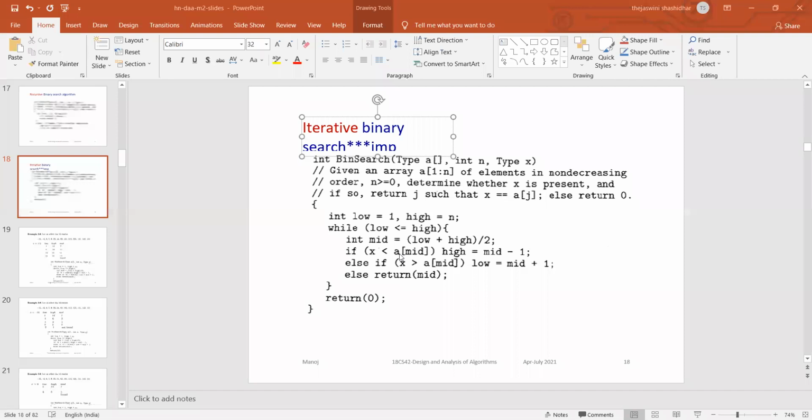Keep in your mind, if there are 10 elements, the first element will be pointed to by low and the last element by high. So kindly answer: where will low and high point?